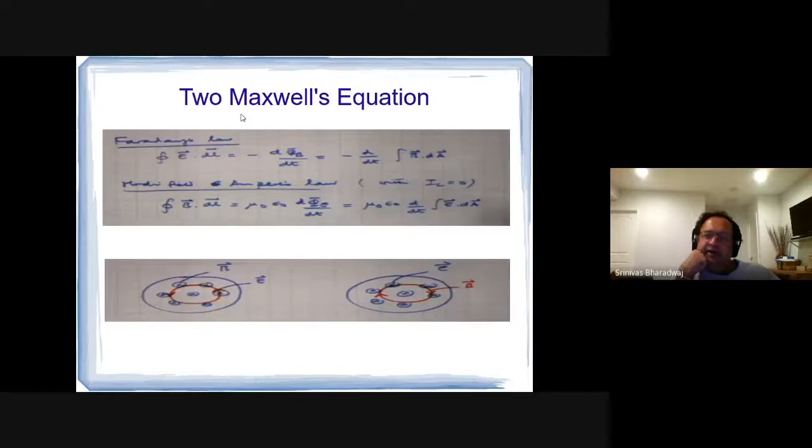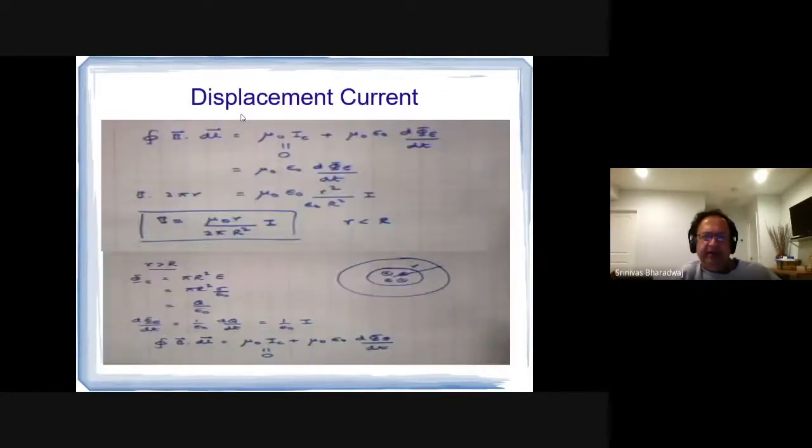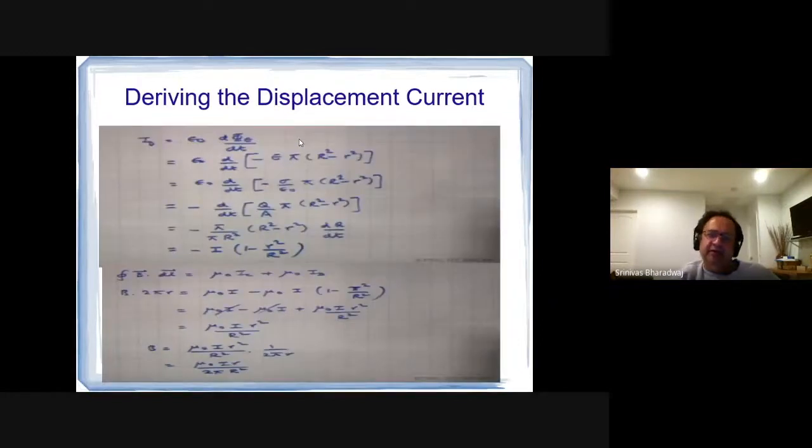What happens in a current carrying loop? B dot dl equals mu naught I. Therefore Ampere's law was changed a little bit to include this idea of the displacement current, which is what we were looking at. So they introduced both the conduction current, and then another term called the displacement current, ID.